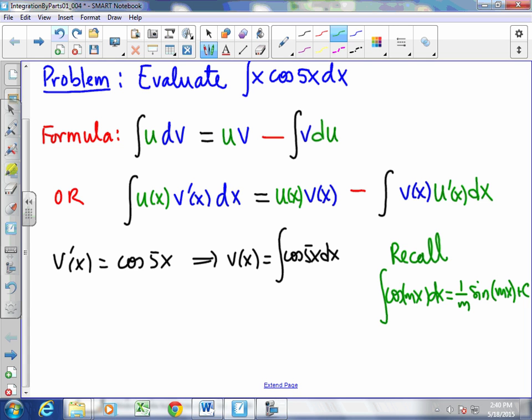Our m in this case is 5. So v of x is equal to 1 over 5 sine of 5x plus constant.